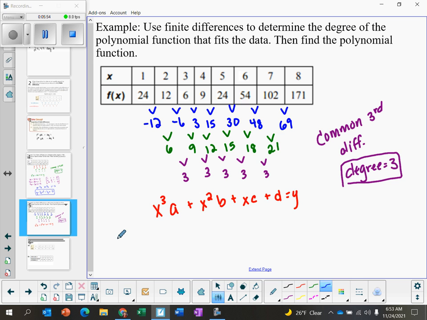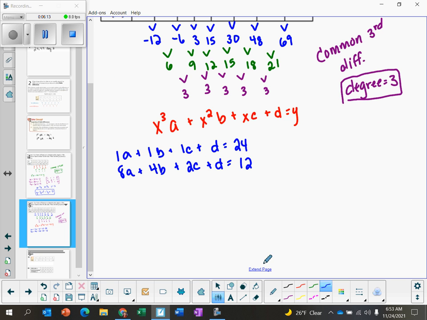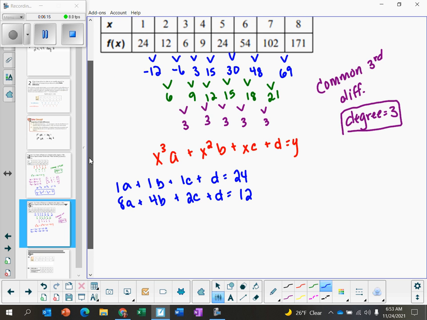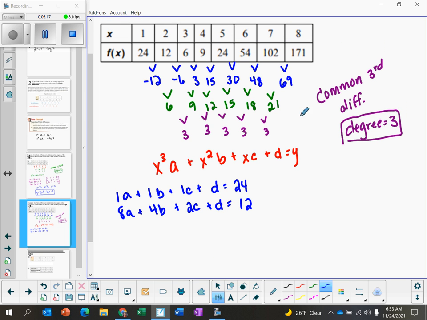So 1 to the third is 1. 1 squared is 1. Plus 1. D equals 24. 2 to the third is 8. 2 squared is 4. And 2. Oh, sorry, remember we had to do 4 points, not 3, because degree 3, 4 points, 4 equations. 3 to the third is 27. 3 squared is 9.